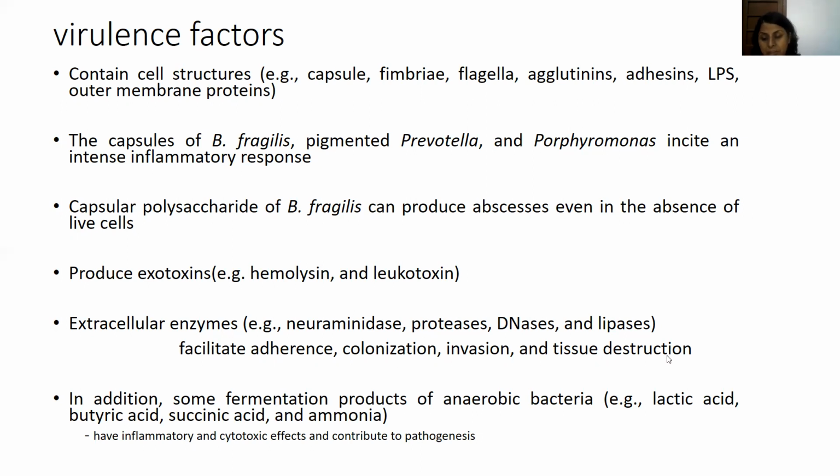Some of these bacteria also produce acids like lactic acid, butyric acid, and also ammonia, and these have inflammatory and cytotoxic effects and contribute to the pathogenesis of the bacteria.